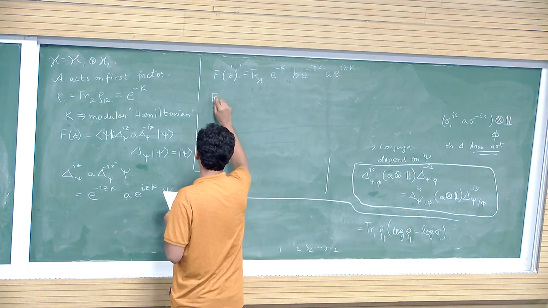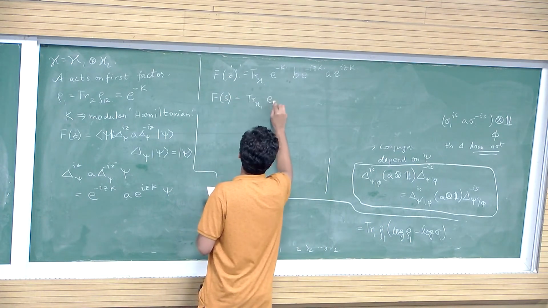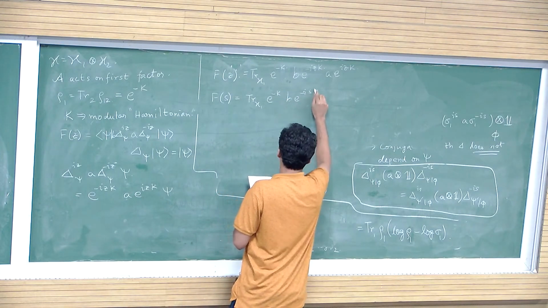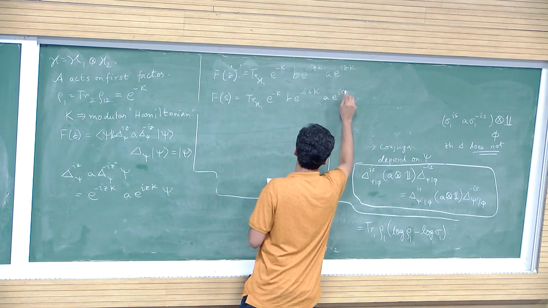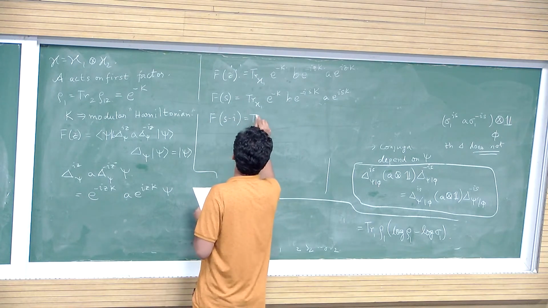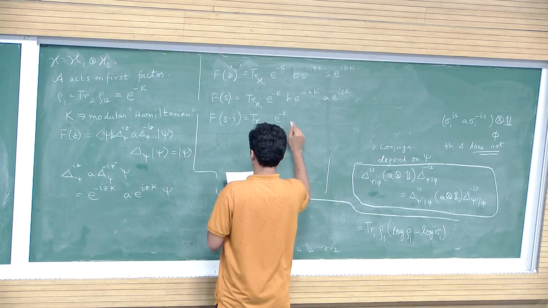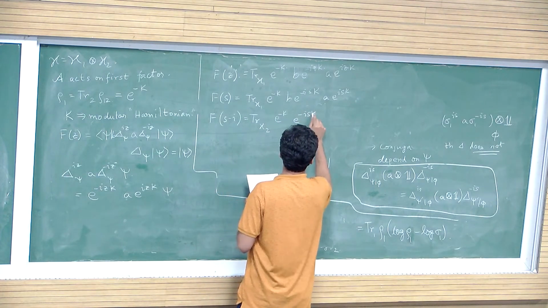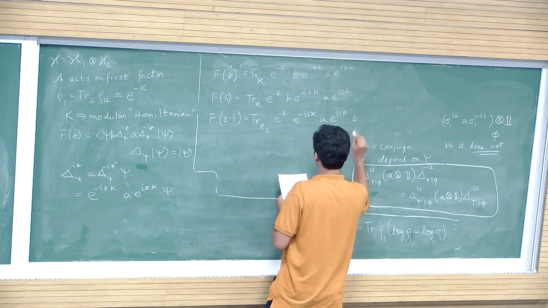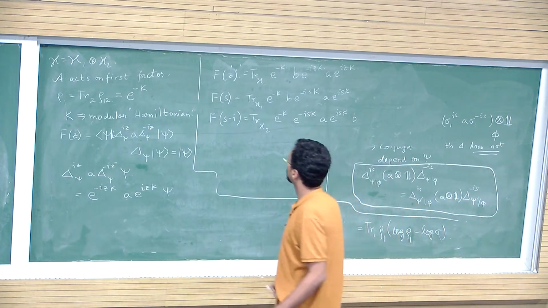Specifically, the two things that we defined, f of s and f of s minus i, take this form.